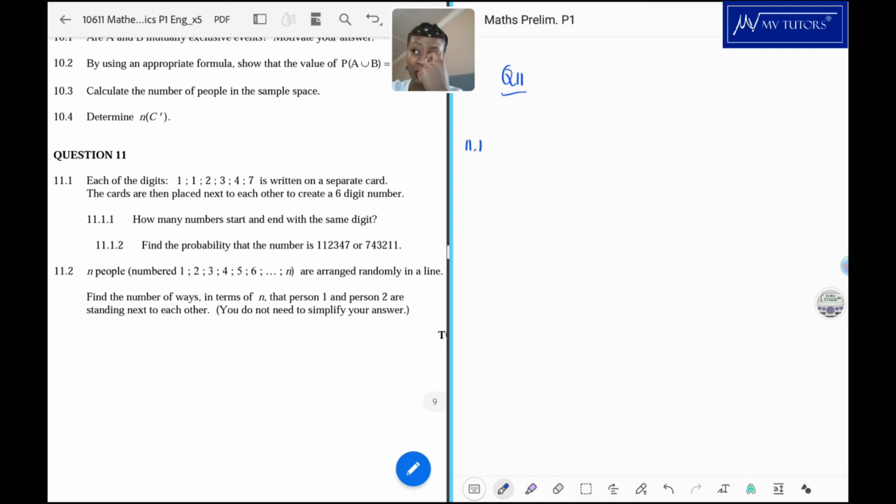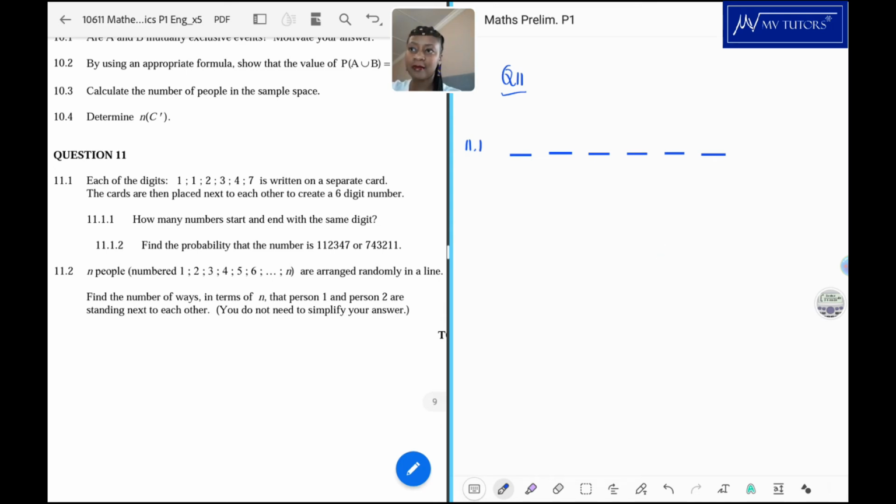So now the question is, how many numbers start and end with the same digit? I have 6 places available for this digit. Okay, so I have 1, 2, 3, 4, 5, 6. Alrighty, and then how many numbers start and end with the same digit?